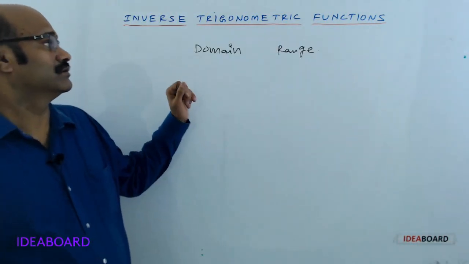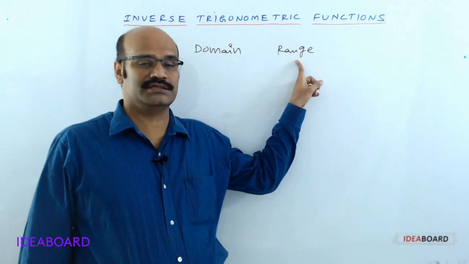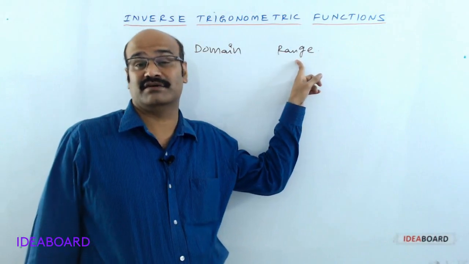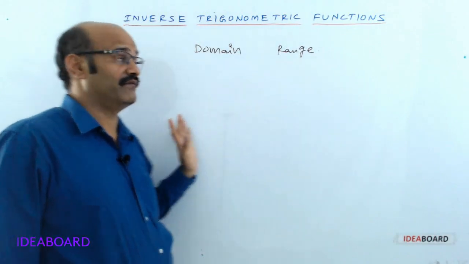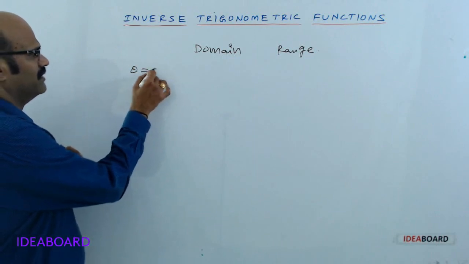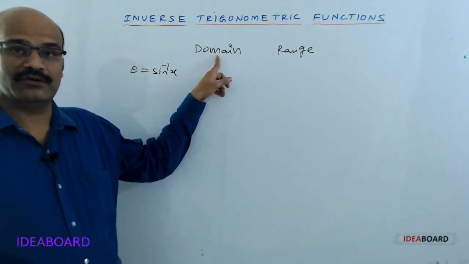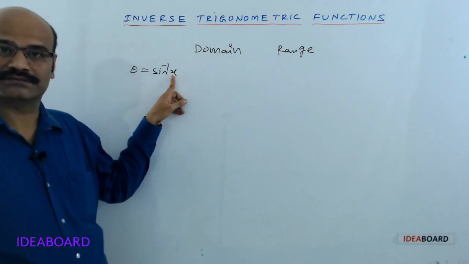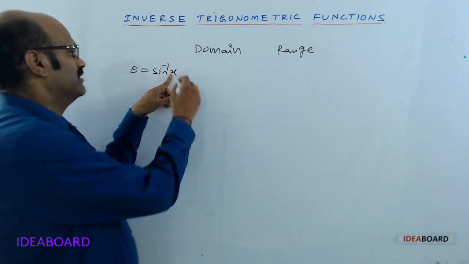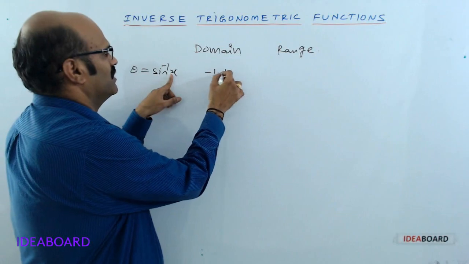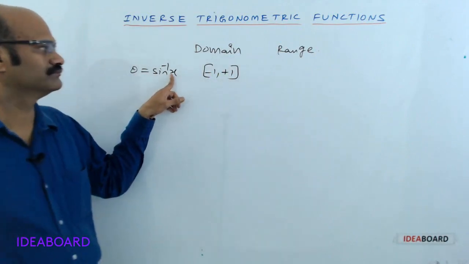Now we have to discuss the domain and the range of the six inverse trigonometric functions. First one, we have theta equal to sin inverse x. The domain means the values of x, so the values of x are minus 1 to plus 1.